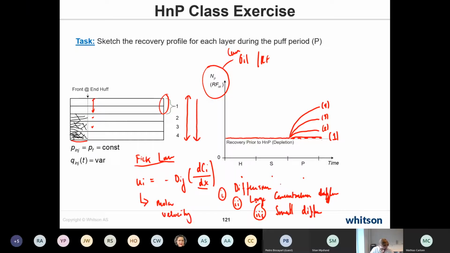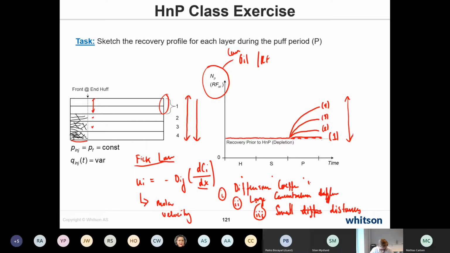So these 3: diffusion coefficients, large concentration differences. So if the injection fluid and reservoir fluid are very, very different in terms of concentration, that's good. And also small distances. What we're essentially saying here is that for all these different layers, the reservoir fluid is the same, the temperature and pressure is the same, but that's the assumption.